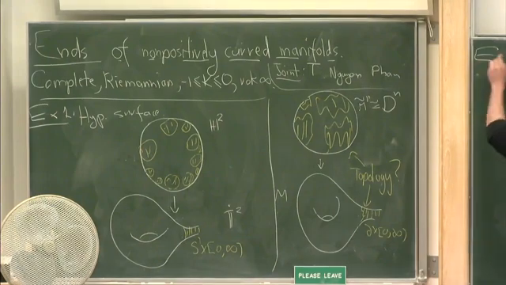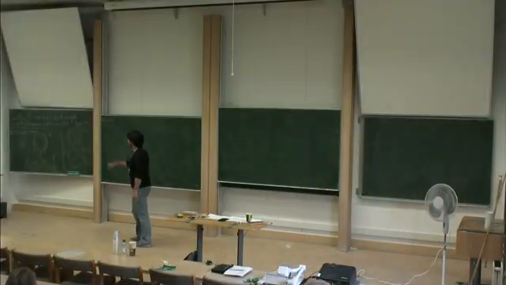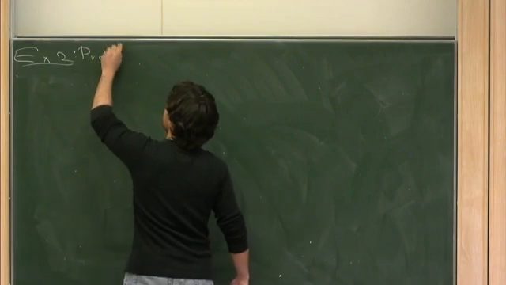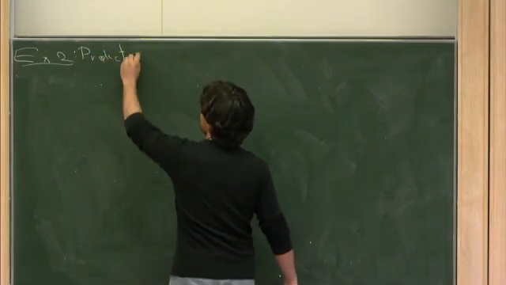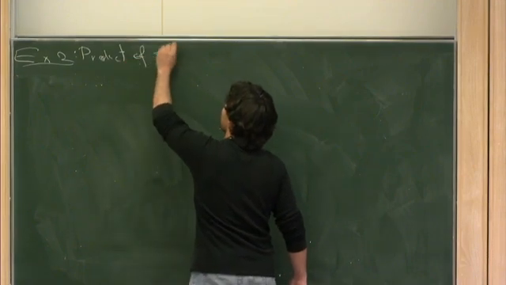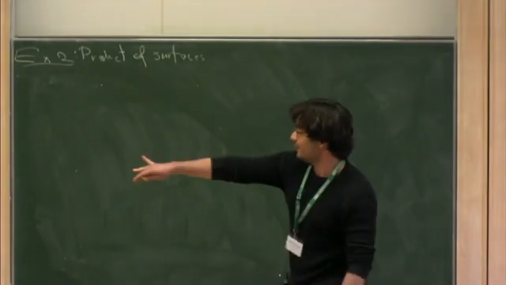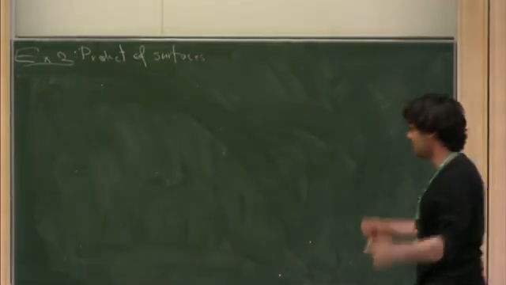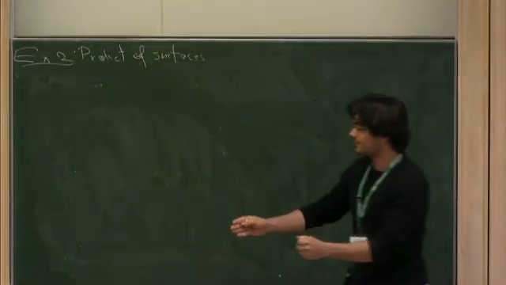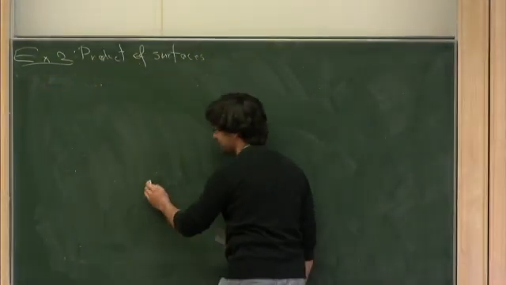Sorry. All right. So the next example is what happens when you take a product of two such surfaces. So if I take two such hyperbolic surfaces and take the product, a nice way to draw this is by the following picture.